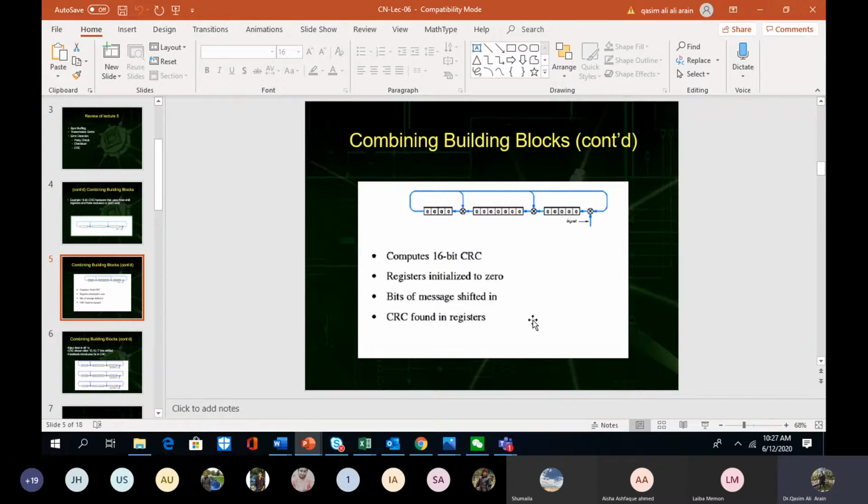Now, how is this CRC value going to be calculated? By applying the XOR operation and the shift register values. This is the internal operation that both hardware units perform.